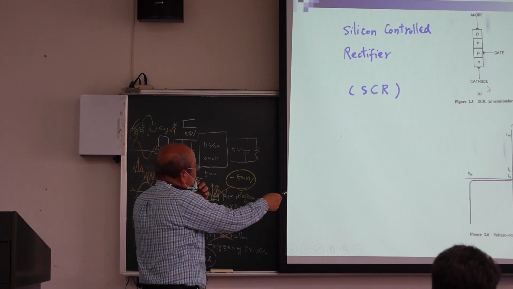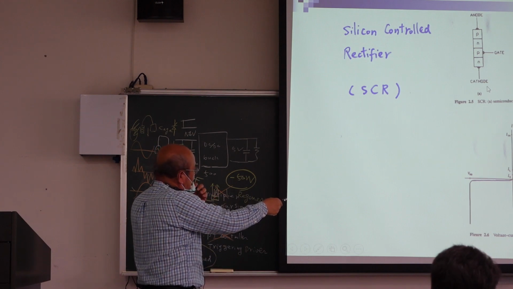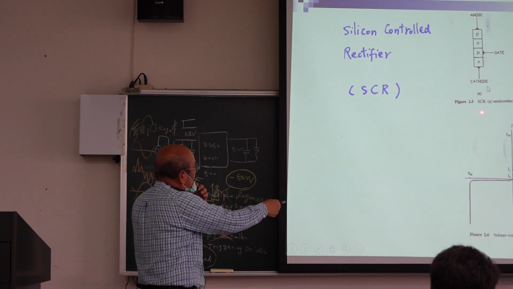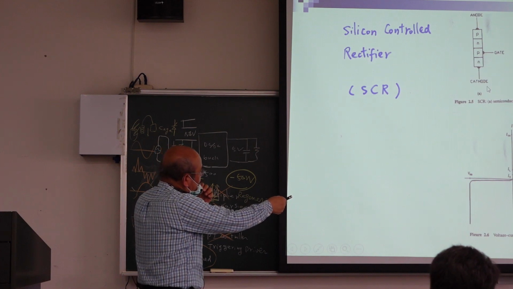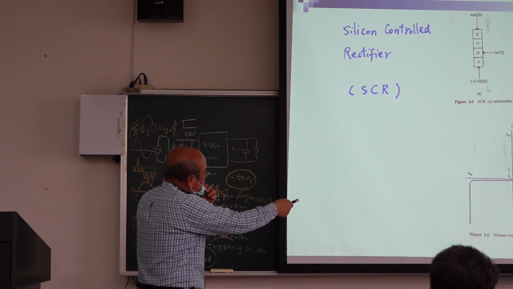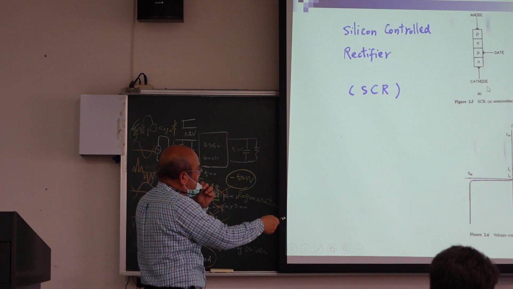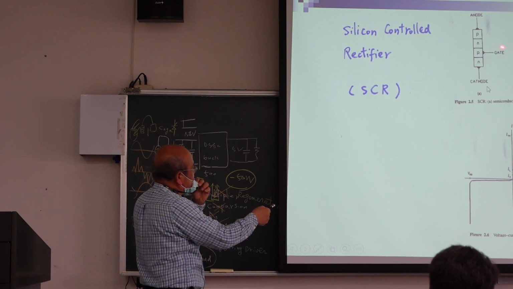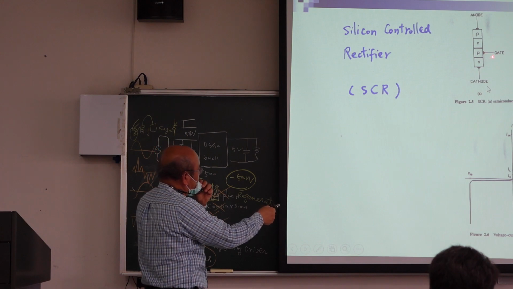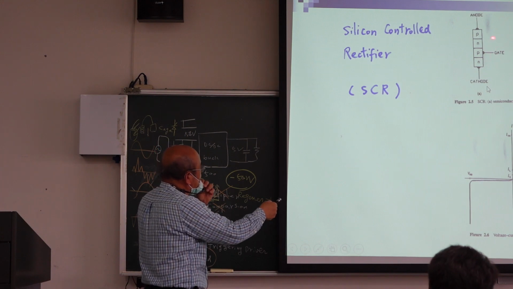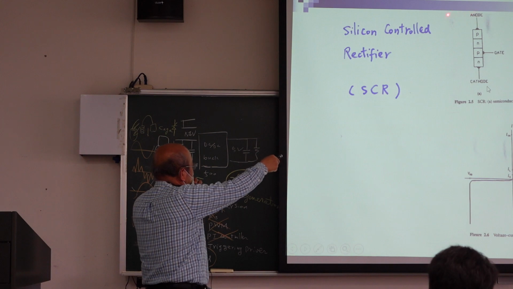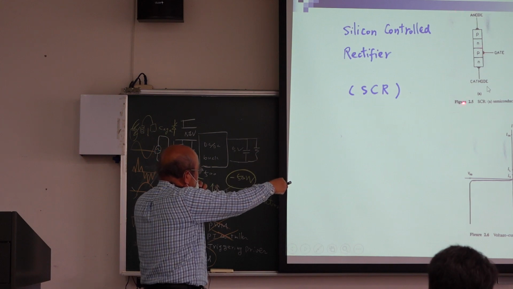For a diode, if this is positive, this is negative, it turns on. For SCR, you have to use a trigger signal to trigger it, then you can turn on. So this is gate control. If you have a trigger signal, then the voltage can come from anode to cathode.